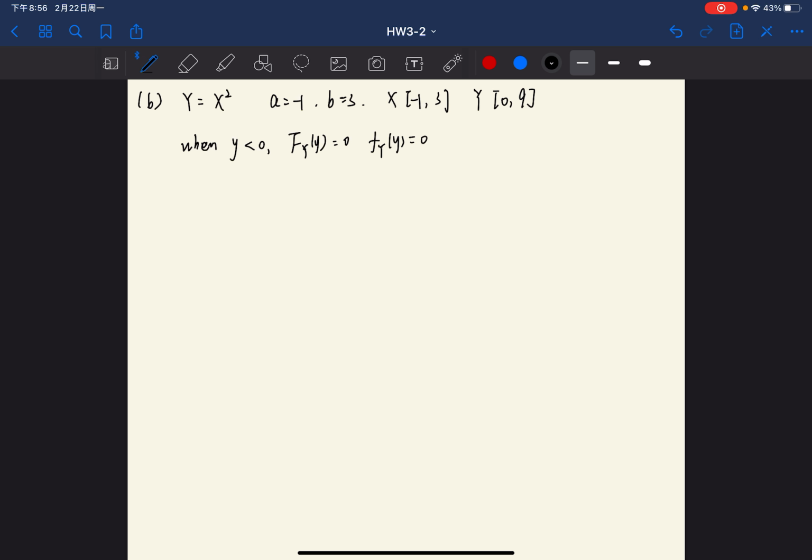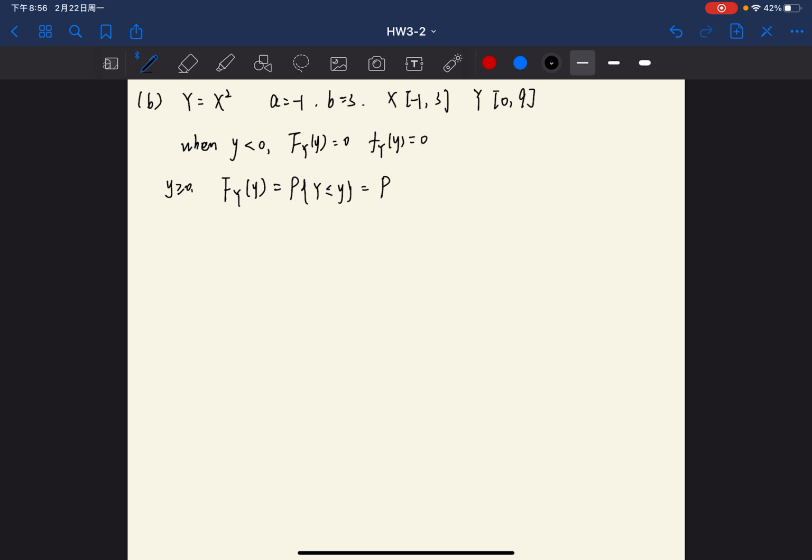And when y is bigger than 0, we can write the probability distribution function, capital F_Y(y), equals the probability of capital Y smaller or equal to y.